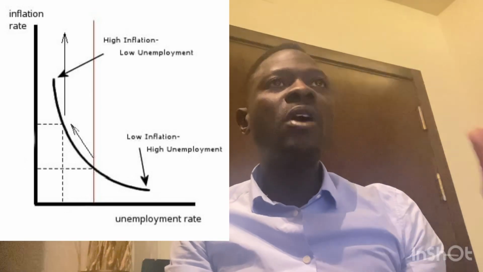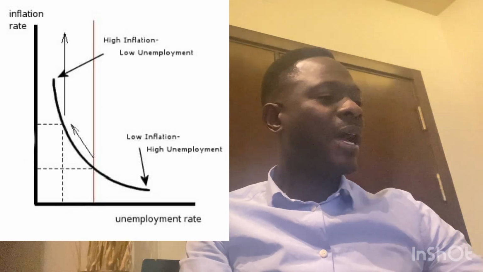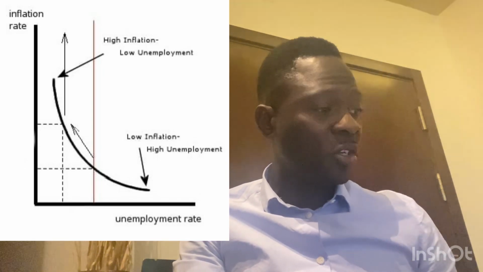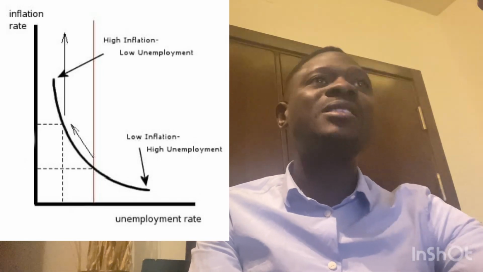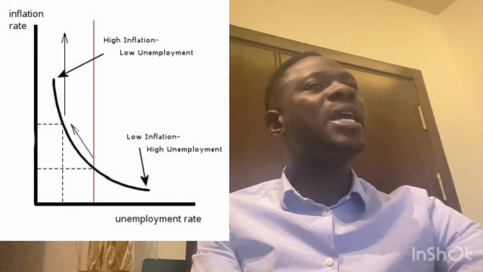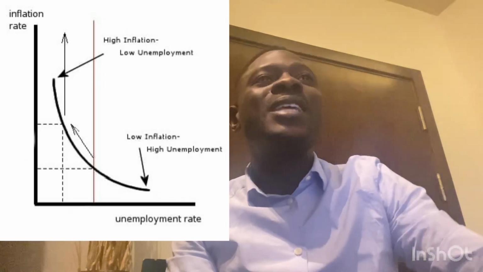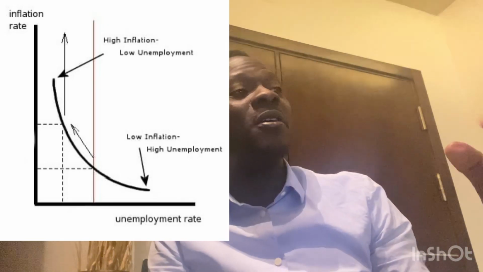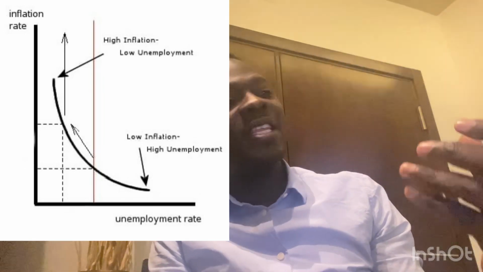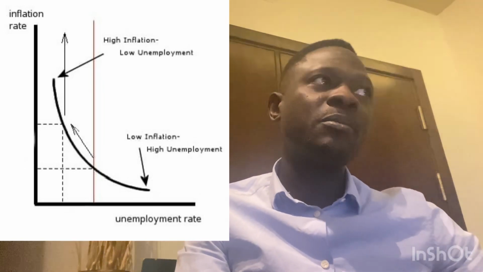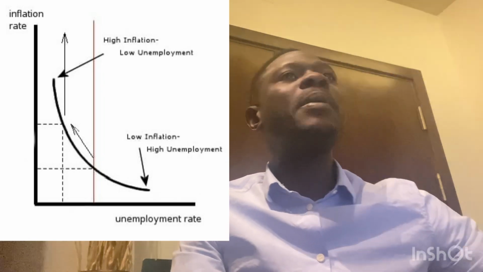If money wages are the most important single cost of production, then if money wages increase faster than productivity, firms will incur more costs and have to push that cost onto consumers, and that will bring about inflation.